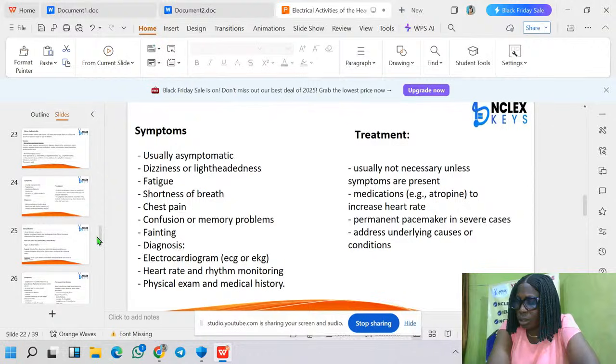The pause is the number of big boxes. No, it's not. So if you have to count the number of big boxes, what's the pause of this patient?